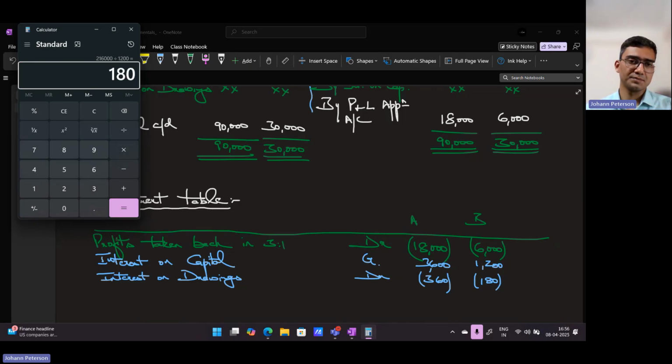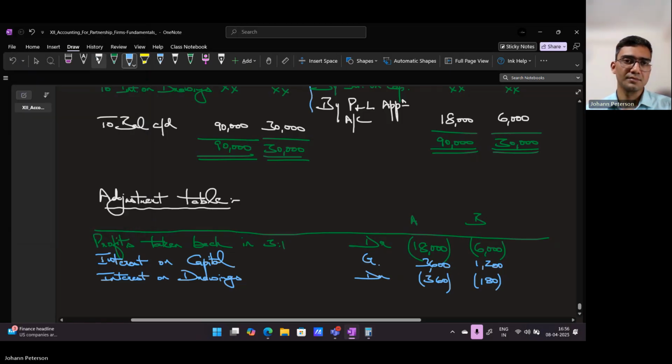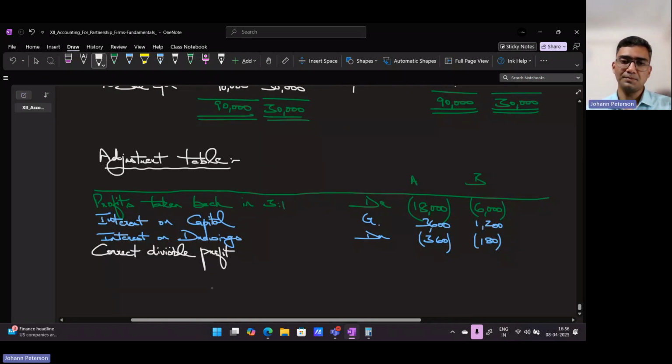Now, what is our correct divisible profit? Correct divisible profit is 18 and 6 is 24.